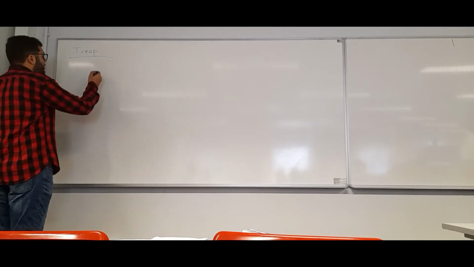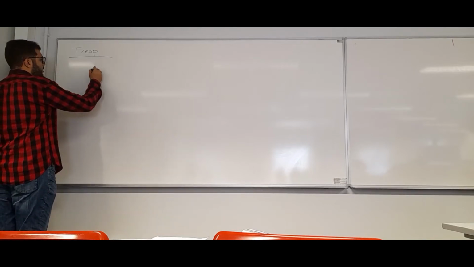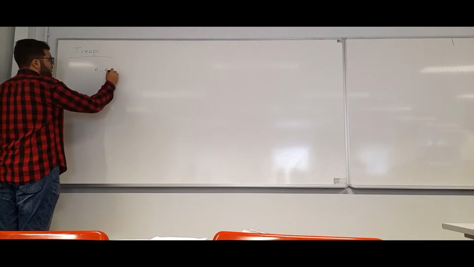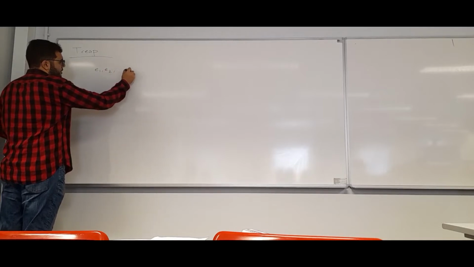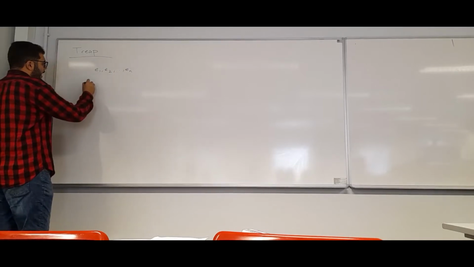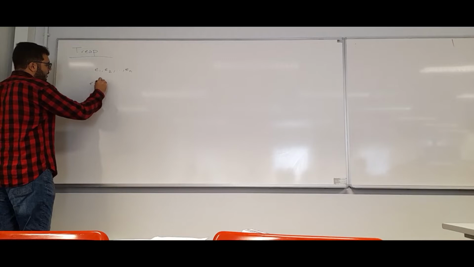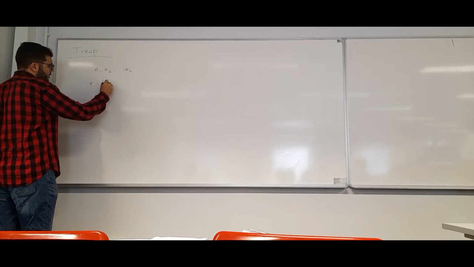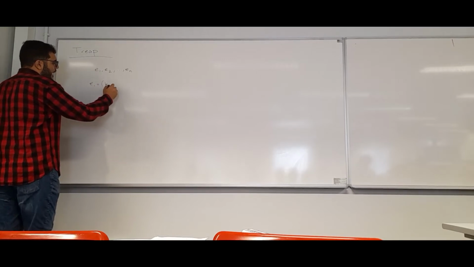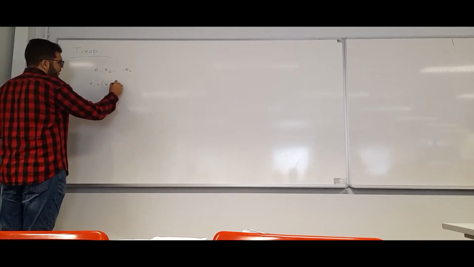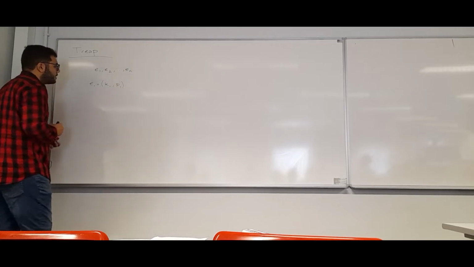So I have a bunch of elements, let's say E1, E2, En. So these are my elements. And each Ei has two parts. It has a key part, let's call it Ki, and it also has a priority part, let's call it Pi.